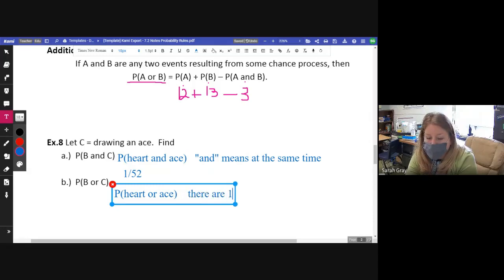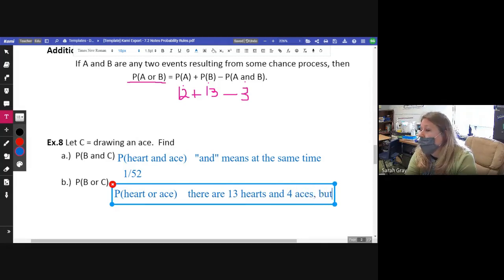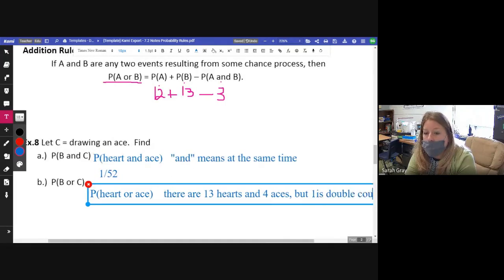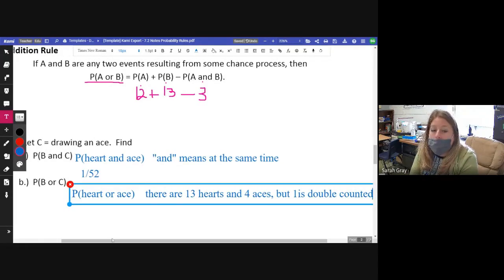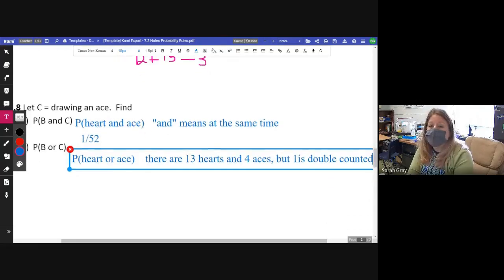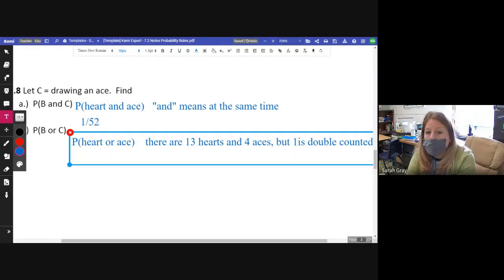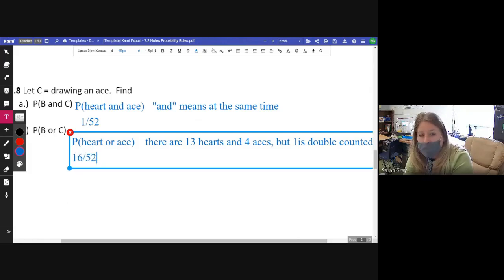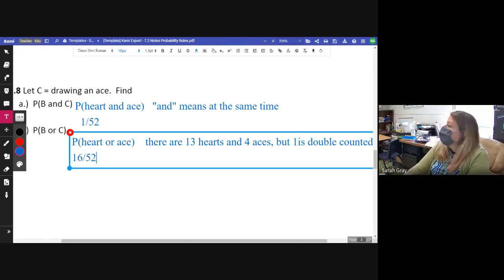There are 13 hearts and 4 aces, but one is double counted, because the ace of hearts is in both of those categories. So is it 16? 13 plus 4 minus 1, 16 out of 52. That's why we did the "and" one first, so we knew how many would be double counted.